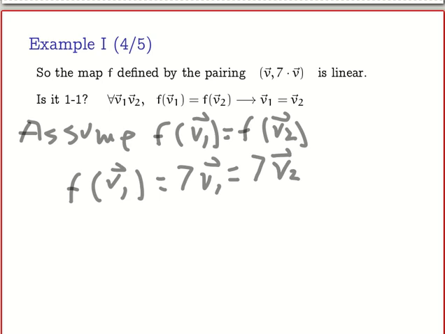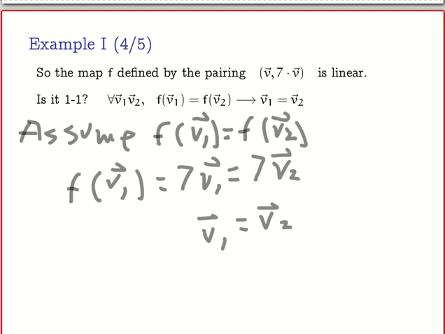We can multiply both sides of this equation by 1/7 and cancel off the 7 to obtain v1. That's basically a result of the properties of vector spaces. We can verify that v1 equals v2. So in fact, this map is one-to-one. There's no way that these could have come from different vectors.